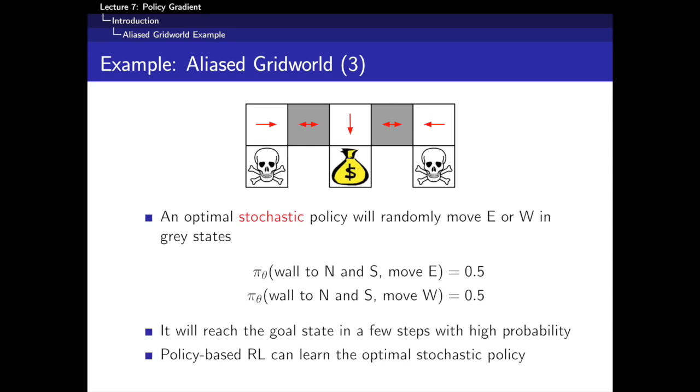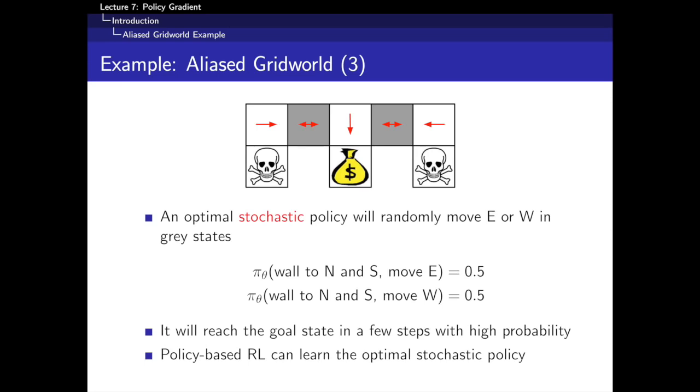So now, if we're in these grey states, we'll just randomly pick a direction, and if we find ourselves over here, well, sometimes we'll go left, but sometimes we'll go back right, and then we'll be pushed down to the treasure.